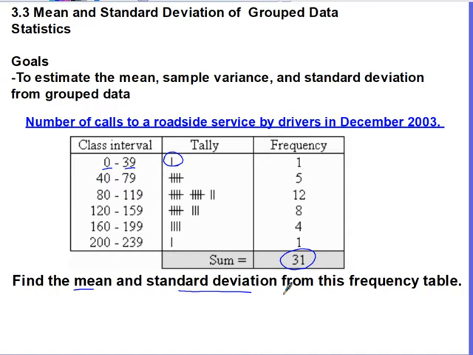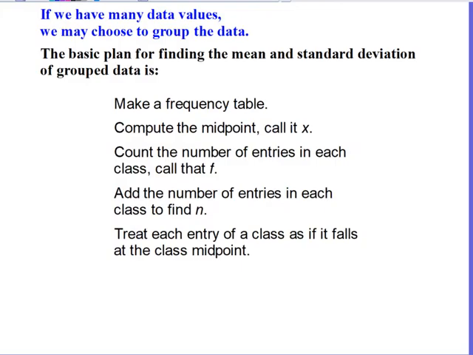So there's a method to finding the mean and standard deviation of group data. And it's basically this. You need to know the frequency table, and chances are that's given to you already. We're going to take the class midpoint. Within each class, we're going to take the lowest, highest, add them together, divide by 2.